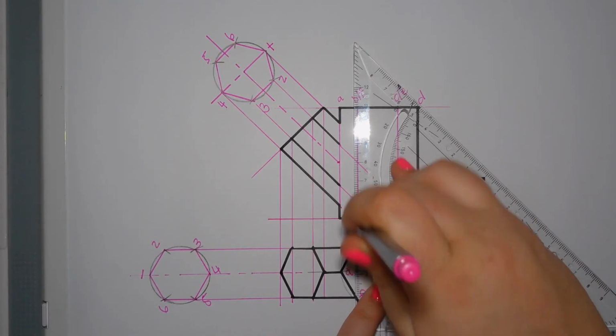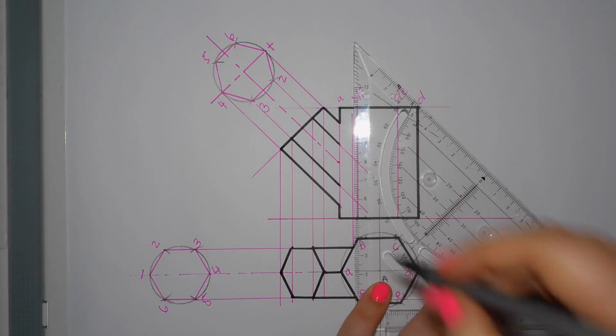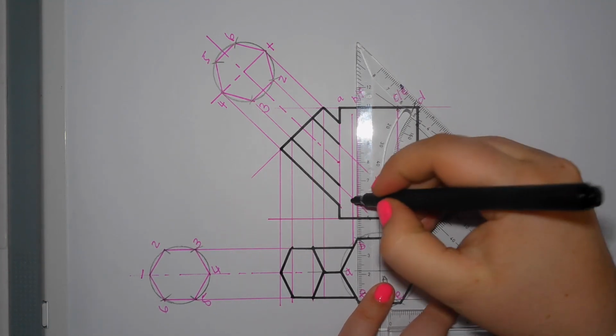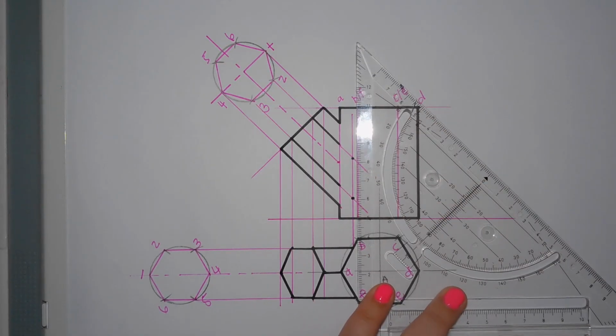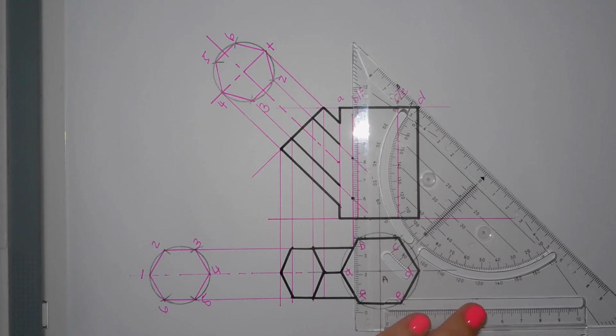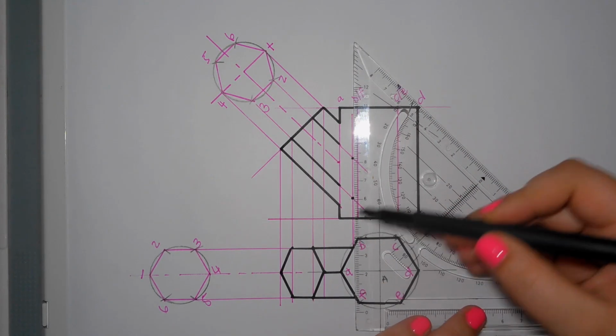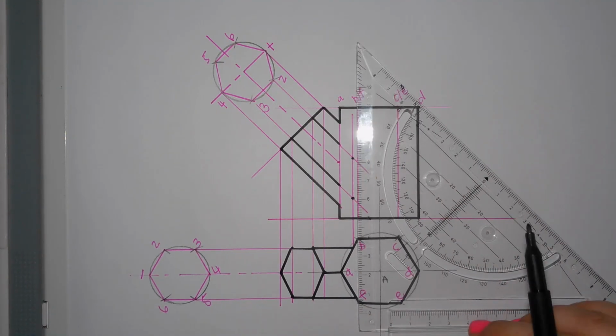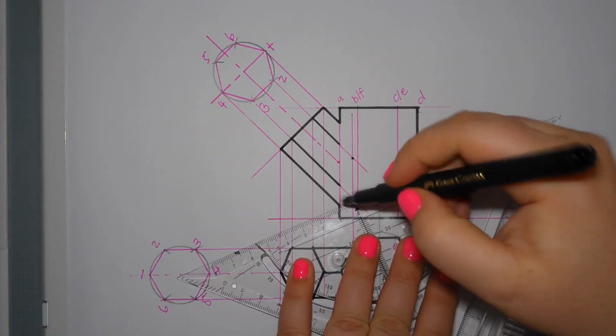So I'm going to extend this straight up and make a mark by 2 and 3. 5 and 6 is on the same spot, so I don't need to make another marks for them. Okay, then I'm just going to connect them.